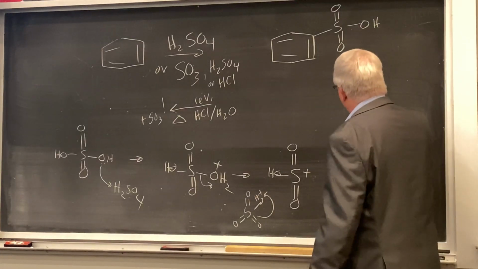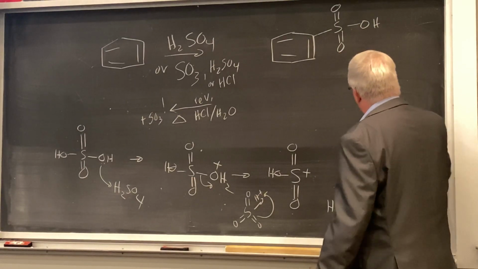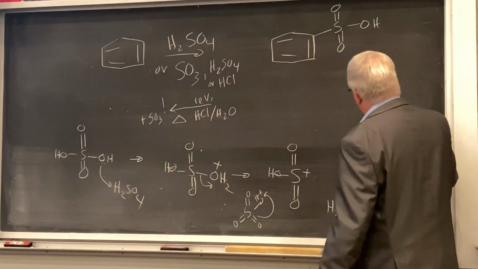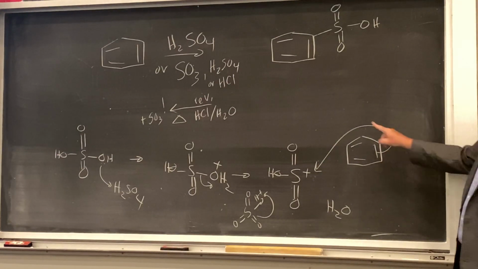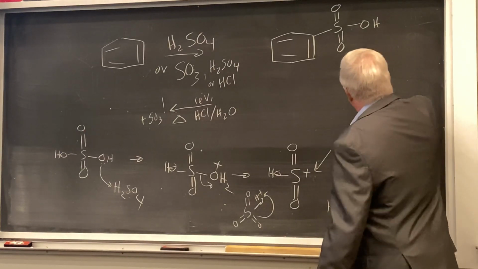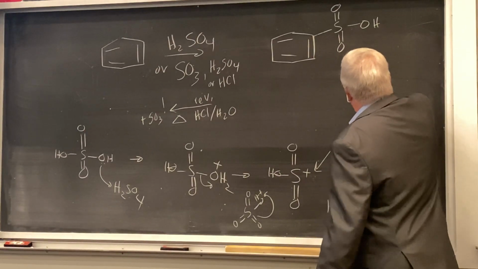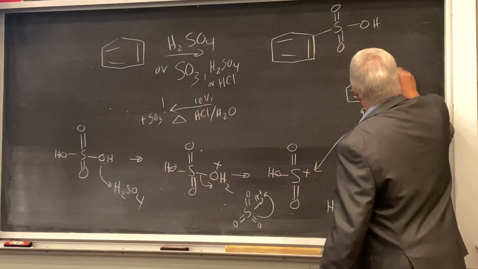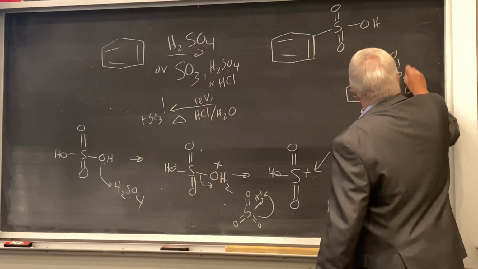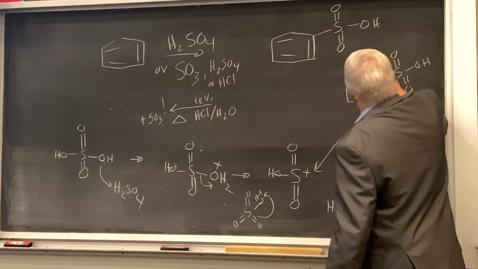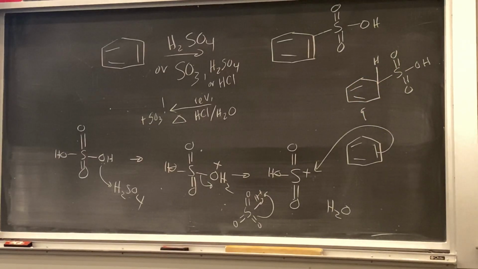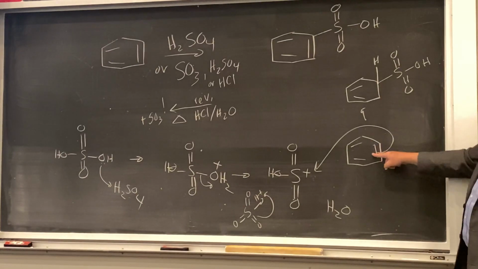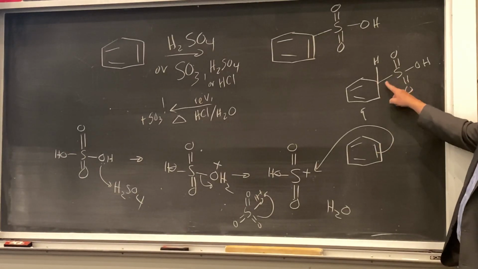So what do we do here now? Well, we just do the same thing. Let's use a pair of electrons here in benzene, attack the sulfonium group, and we get the same thing there. We get this. And we've got that hydrogen still on there, okay? The hydrogen is still on there where we attack the electrophile. And what's right here? We pull those electrons out to grab the sulfur cation.